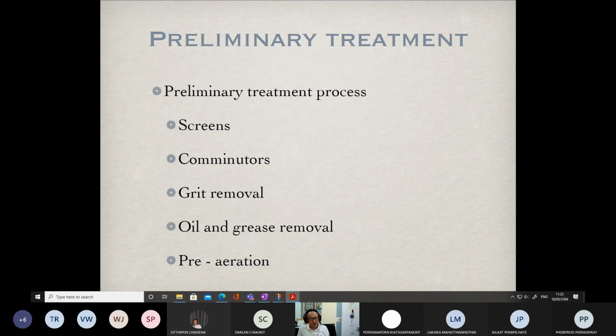And the last one is pre-aeration. These are the unit operations and unit processes commonly used as the primary treatment process.